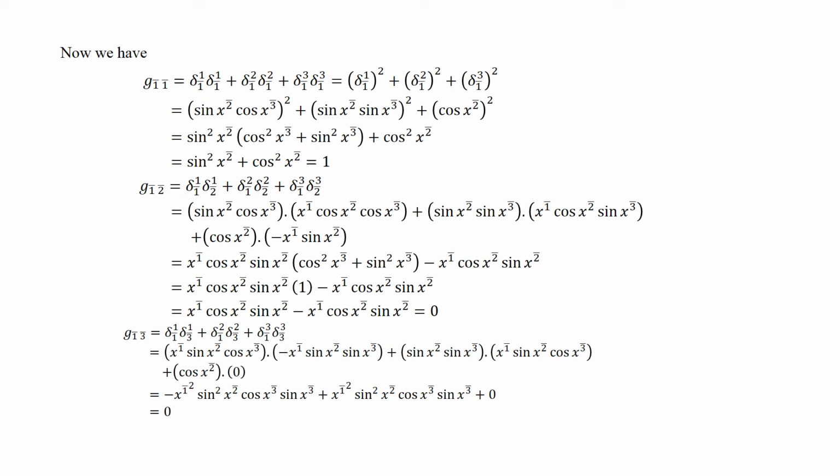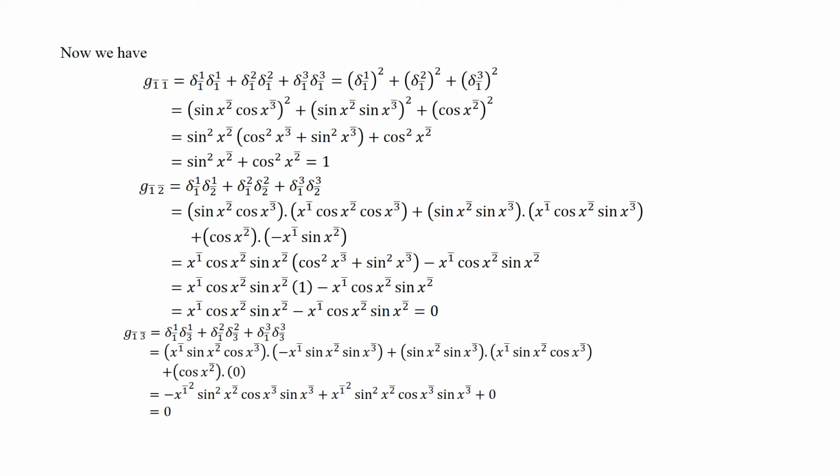When the first term is multiplied with this one, we get x1 bar sin x2 bar cos x2 bar and sin x3 bar square, and in the second term x1 bar sin x2 bar cos x2 bar sin x3 bar square, and from the last term minus x1 bar cos x2 bar sin x2 bar.